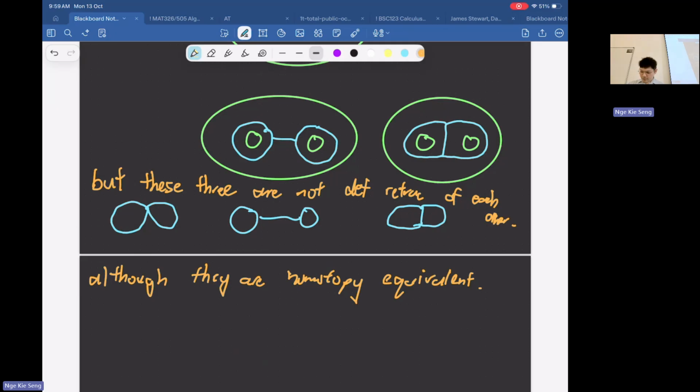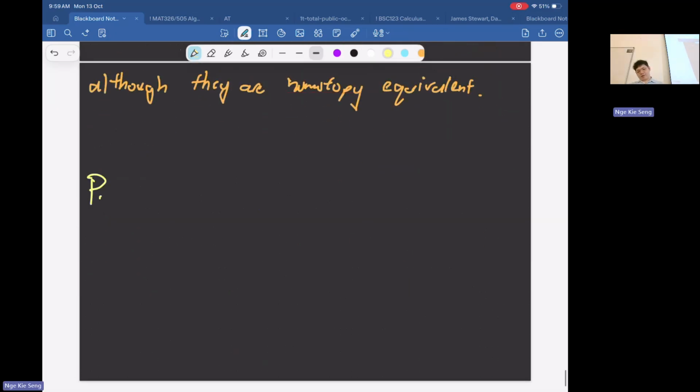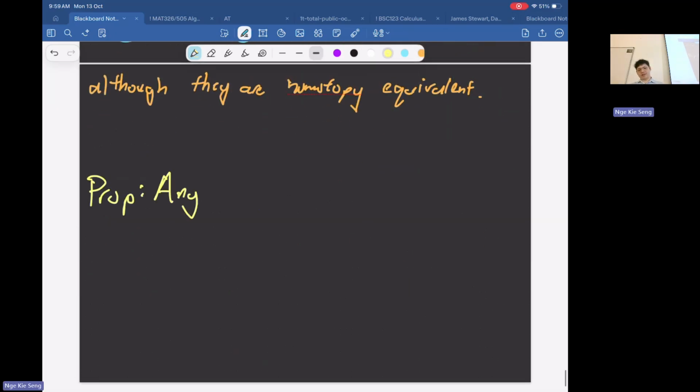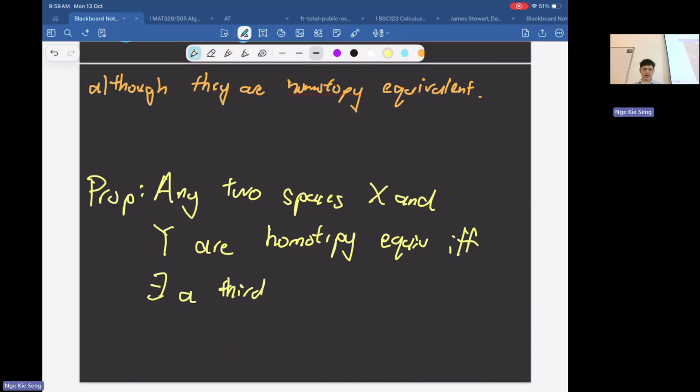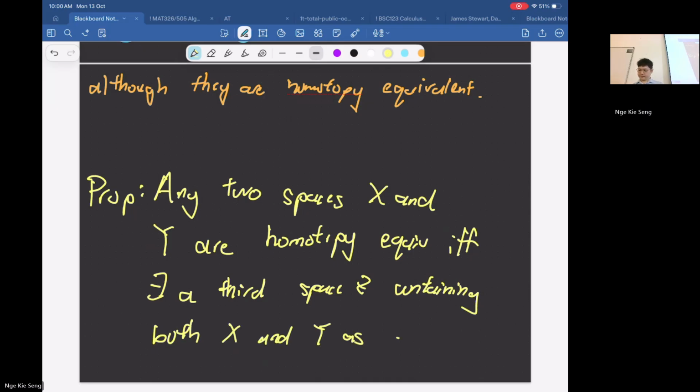So, one proposition. I don't want to leave it as an exercise because one direction is pretty hard for now, since I haven't defined something yet, so you cannot prove it. One direction is easy. Any two spaces X and Y are homotopy equivalent if and only if there exists a third, larger space Z containing X and Y as deformation retracts.